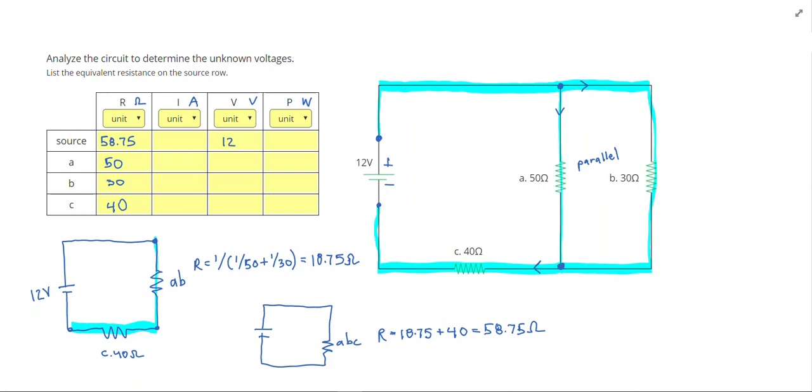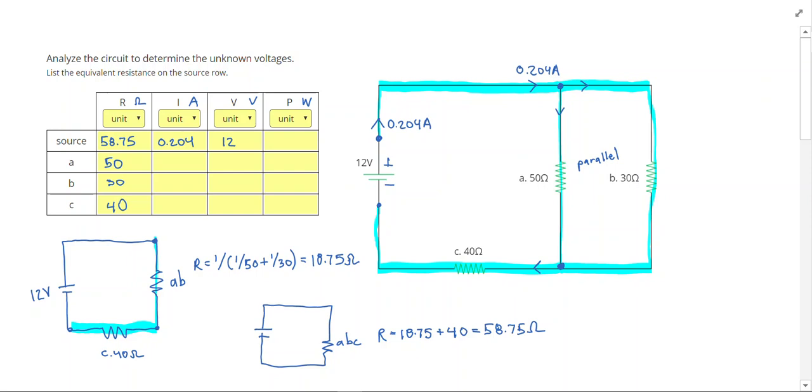Right now I know the resistance and the voltage of the source, so I can use the equation I equals V divided by R, so 12 divided by 58.75, and that gives me 0.204. And that 0.204 amps is going to be the current that is coming out of the battery. So that current is going to flow around to our first intersection where it'll split.